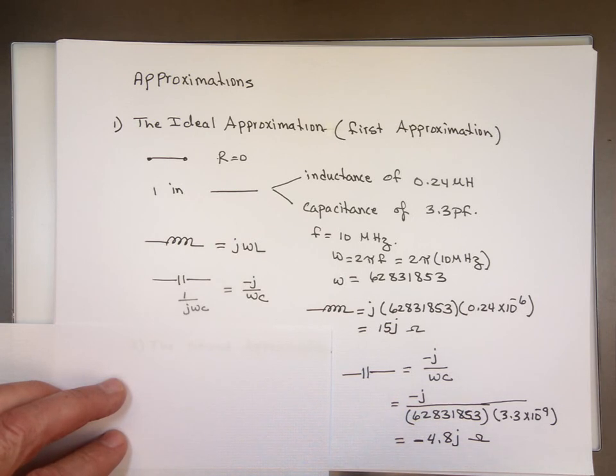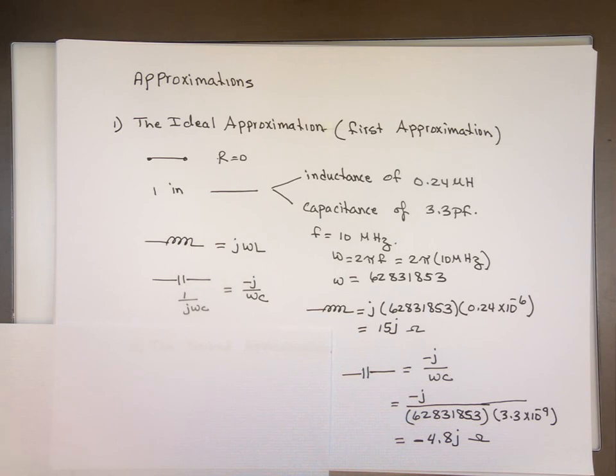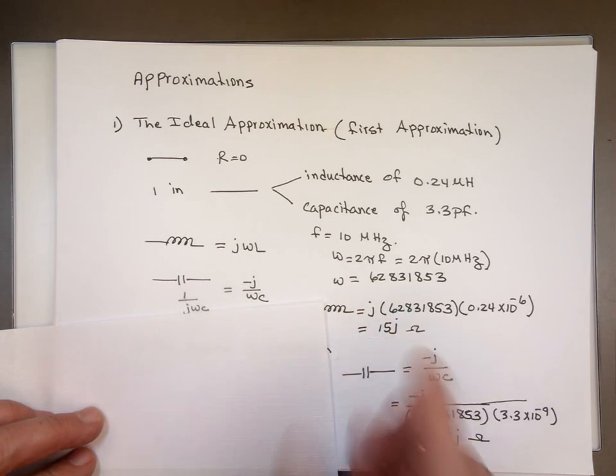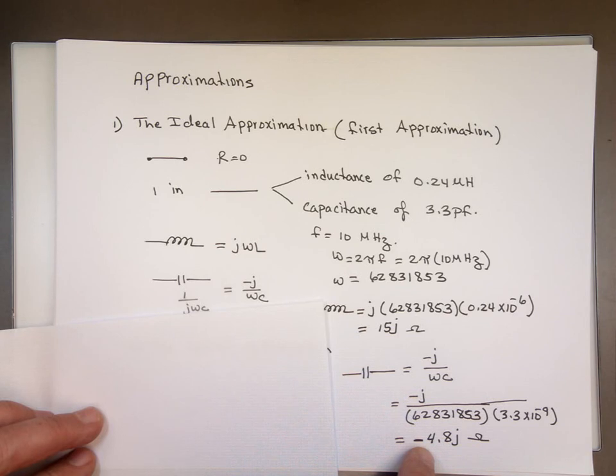As long as your frequency is below 1 megahertz, you're going to be okay. You'll be in the neighborhood. So the rule of thumb is, as long as the frequency is below 1 megahertz, you can pretend the wire is actually a short circuit. At 1 megahertz, this number becomes 1.5, not that big of a deal, and the other number will become a little bit smaller too.